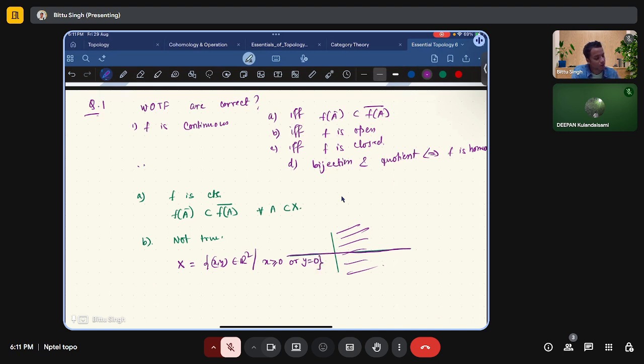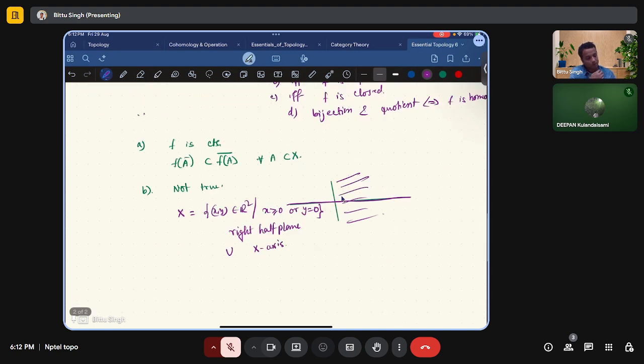This is the same as saying the right half plane union the x-axis. Now, we consider the function f mapping X to the real numbers, just projecting everything (x, y) to x.